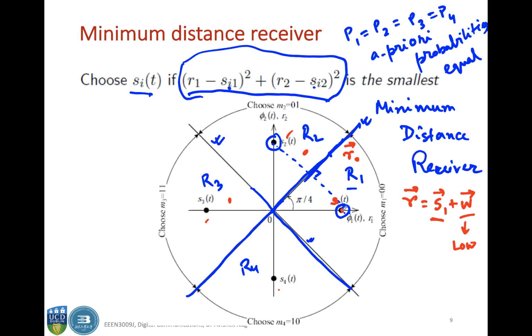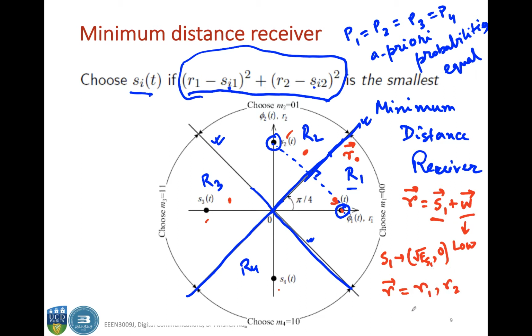So let's say this is your S1 vector, and let's say your S1 is along the phi 1 axis. So S1 has components: the phi 1 component is the amplitude of S1, which is the square root of the energy of S1, and the phi 2 component is 0. Now after adding noise, let's say your received signal has two components, R1 and R2.